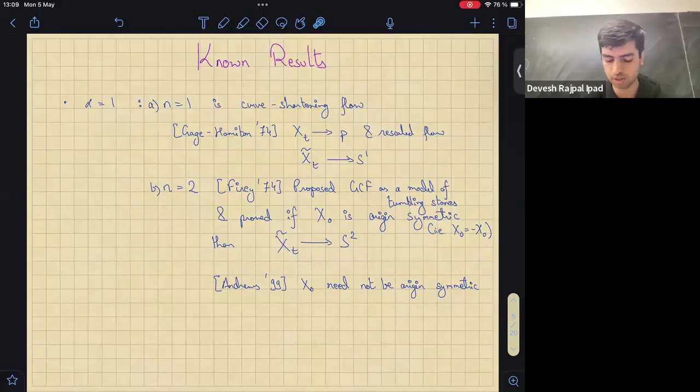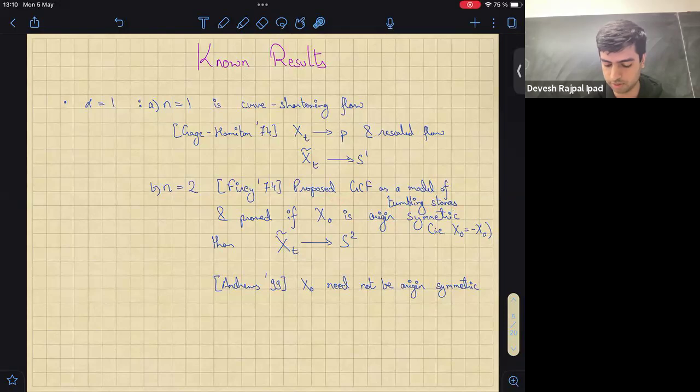And the next task would be to generalize this result to higher dimensions. The Gauss curvature flow was originally proposed for surfaces by Firey as a model of a tumbling stone.